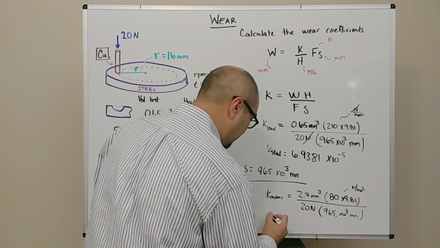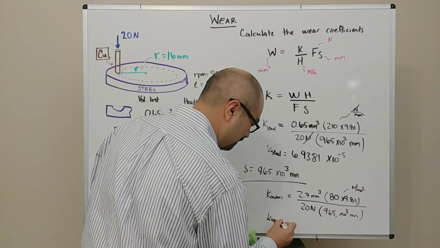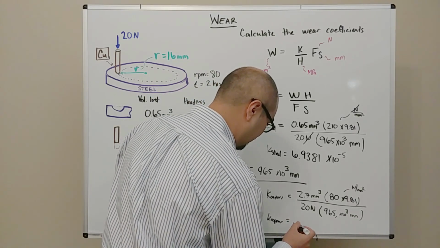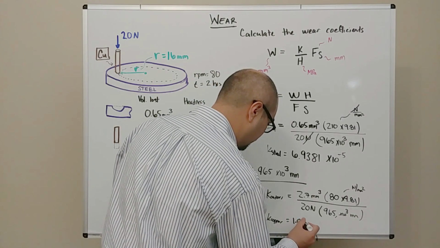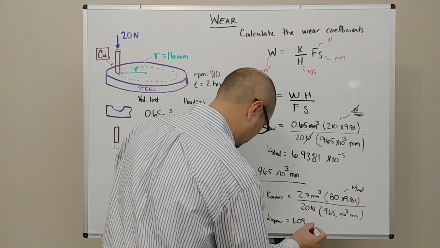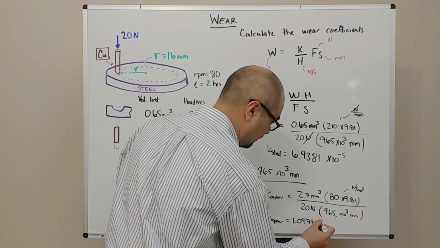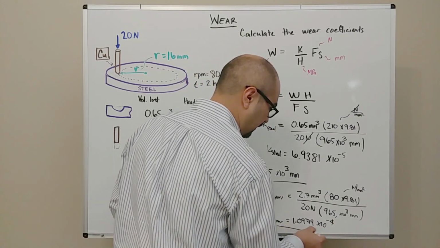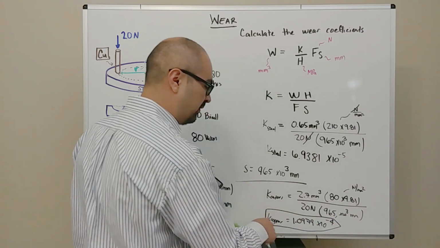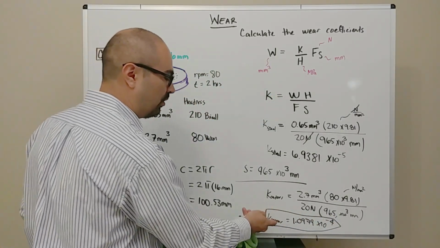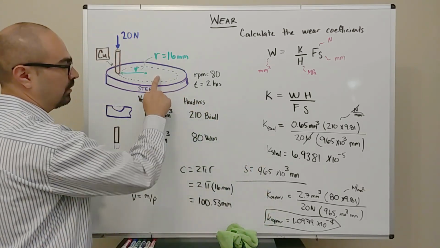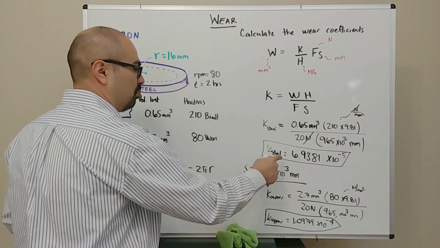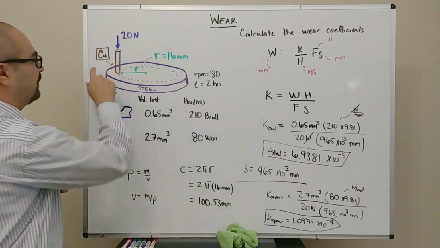And if I didn't make any mistakes here, or fat finger mistakes like I like to call them, we get that the coefficient is 1.0979 times 10 to the minus 4 for the copper. And again, specifically, it's not just the coefficient of copper, it's a wear coefficient of copper on steel. And this one over here is a wear coefficient on steel, but it has to be with steel against the copper.